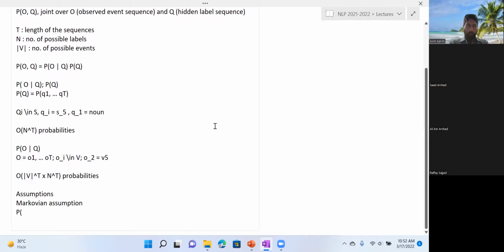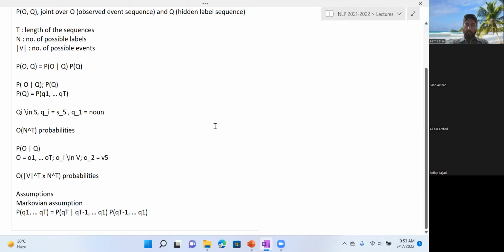So we talked about probability of Q1 to Qt. So this was probability of capital Q. You can always write this as probability of Qt given Qt minus 1 to Q1, and then you have the probability of Qt minus 1 to Q1 here.